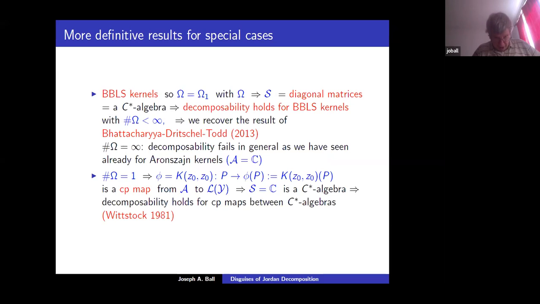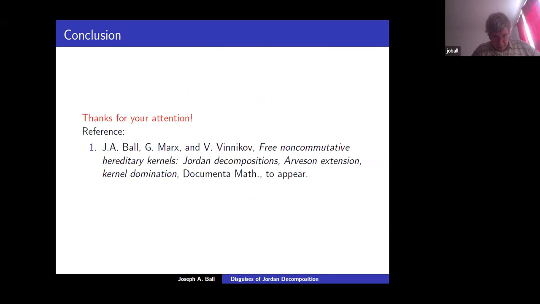So if nothing else, it unifies a bunch of results in the area. And thanks for your attention. And again, I apologize for being late, but I hope you hung on and got something out of it nevertheless. Thank you very much.